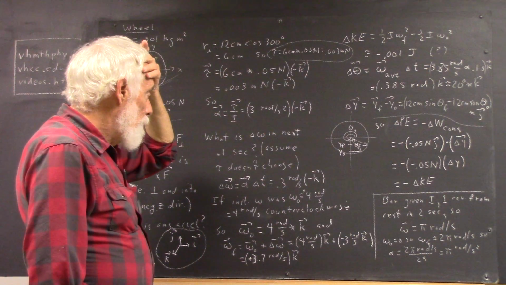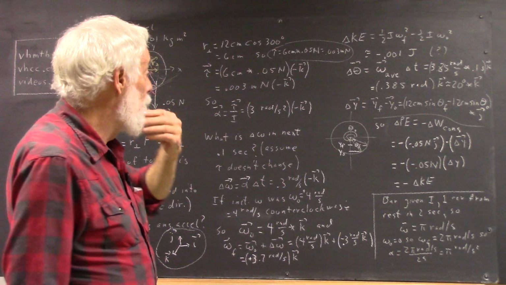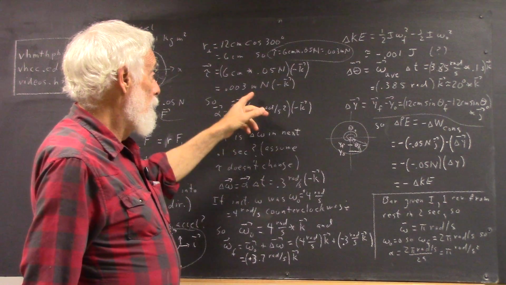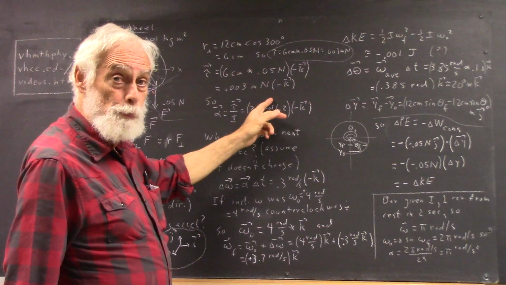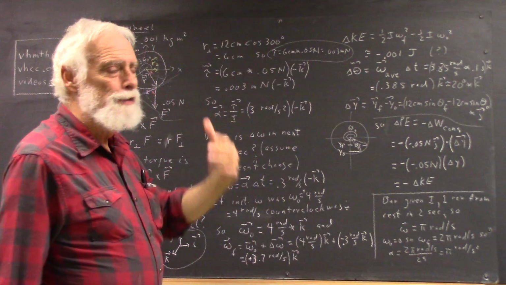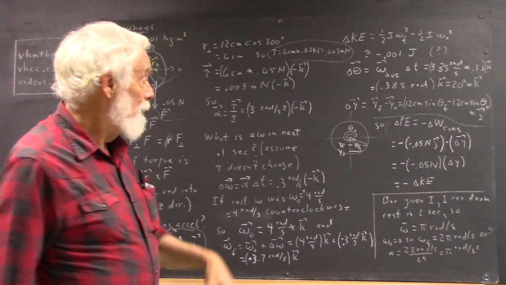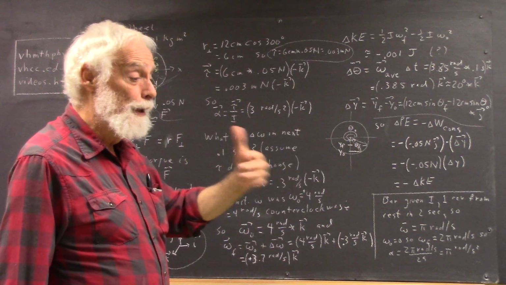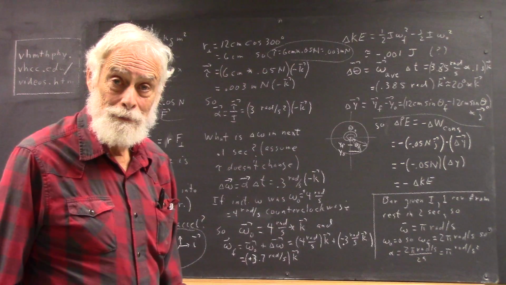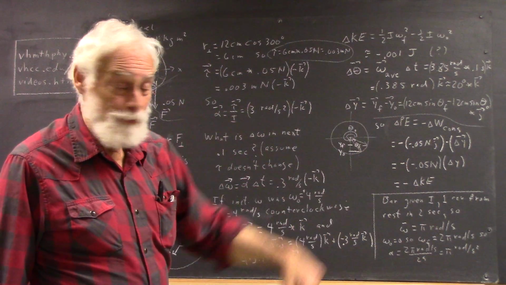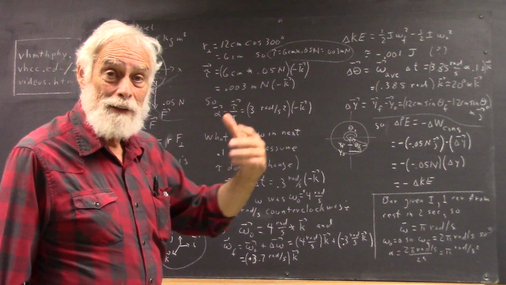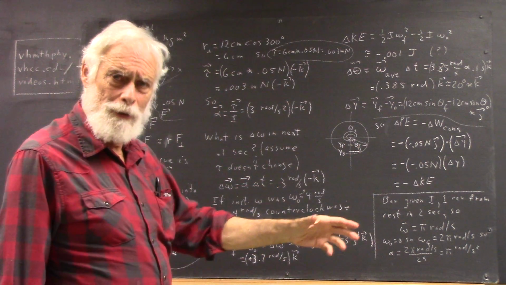Now, I'll comment, I did say this in class, it's kind of worth looking at these videos sometimes, that I call this a meter newton, not a newton meter. And that's to distinguish it from a joule. Because, you know, a meter times a newton is the same as a newton times a meter, and a newton times a meter is a joule when you're doing a calculation for energy, but when you're doing a calculation for torque, it turns out to have exactly the same units, but it means something different.